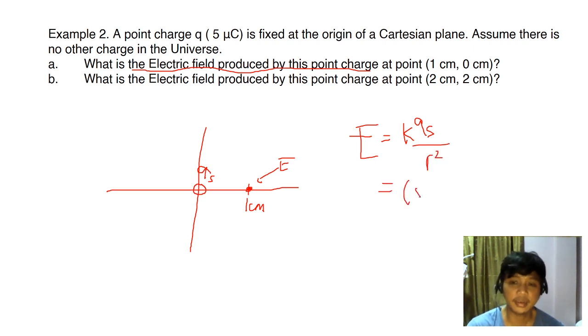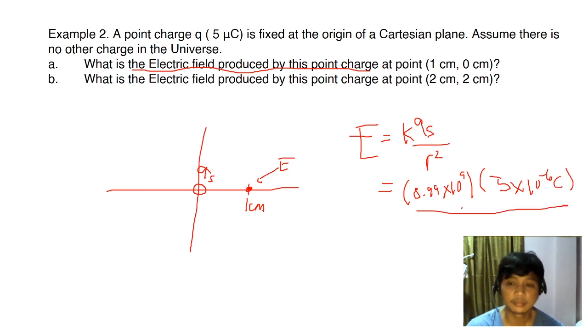K is our 8.99 times 10 to the 9. Q_S is our source charge, 5 times 10 to the negative 6 coulombs. You have to remember the units of K: newton meter squared per coulomb squared. And the distance of 1 centimeter, centi is times 10 to the negative 2, so 1 times 10 to the negative 2 meters, squared.